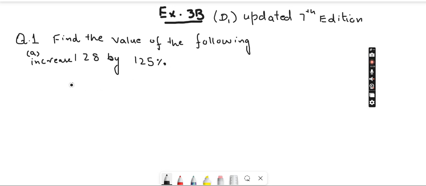So what we are going to do, you will write 128 and we have to increase 128, that's why we are placing the addition sign, by 125%.